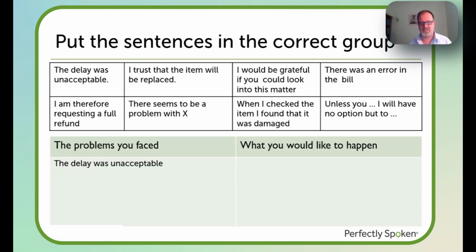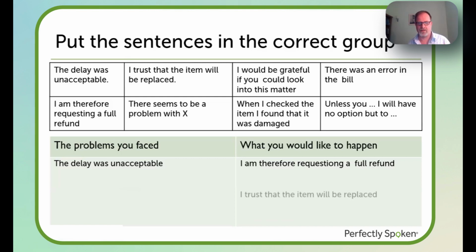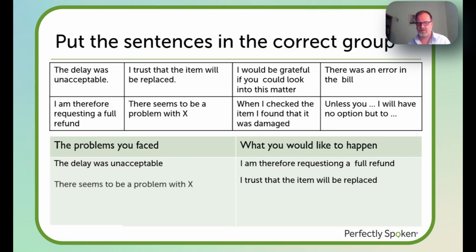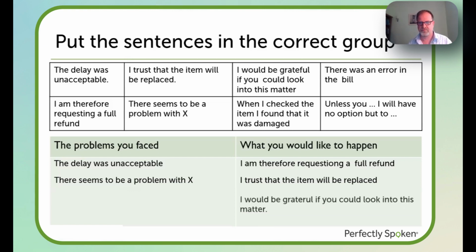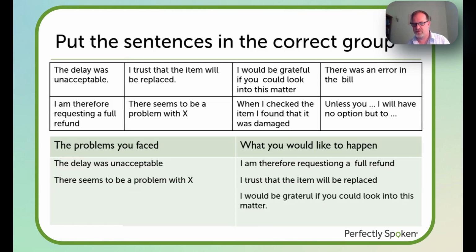The delay was unacceptable is a problem. You received the item too late. I'm therefore requesting a full refund is to ask for your money back, so it's what you would like to happen. I trust that the item will be replaced, again, is demanding action. There seems to be a problem with X is talking about a problem that you had. I would be grateful, so that should be grateful, a little typing mistake there.